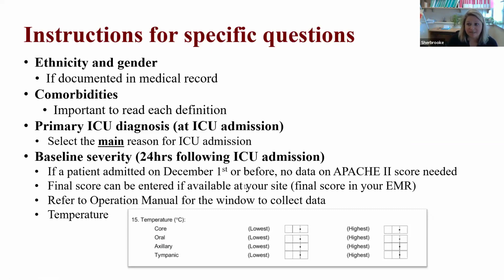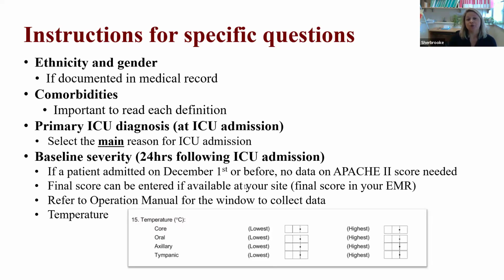Instructions for specific questions. In the CRF, we asked two questions about ethnicity and gender. We want you to answer if it is documented in the medical record or not. We don't want you to assume an answer if it's not in the medical record.